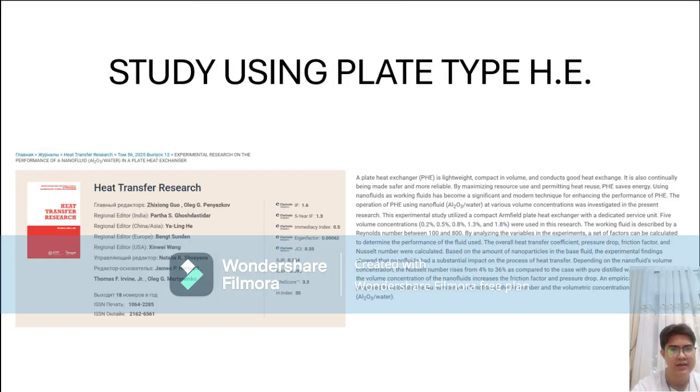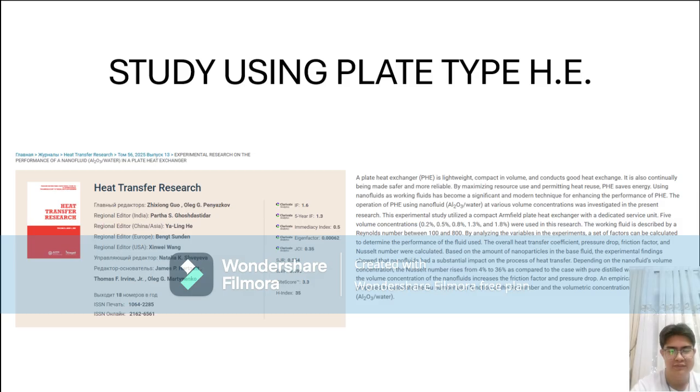And now we will show a study using a plate type heat exchanger. This study came from Russia, and the gist of it is that in a plate type heat exchanger, the usual coolant is water.